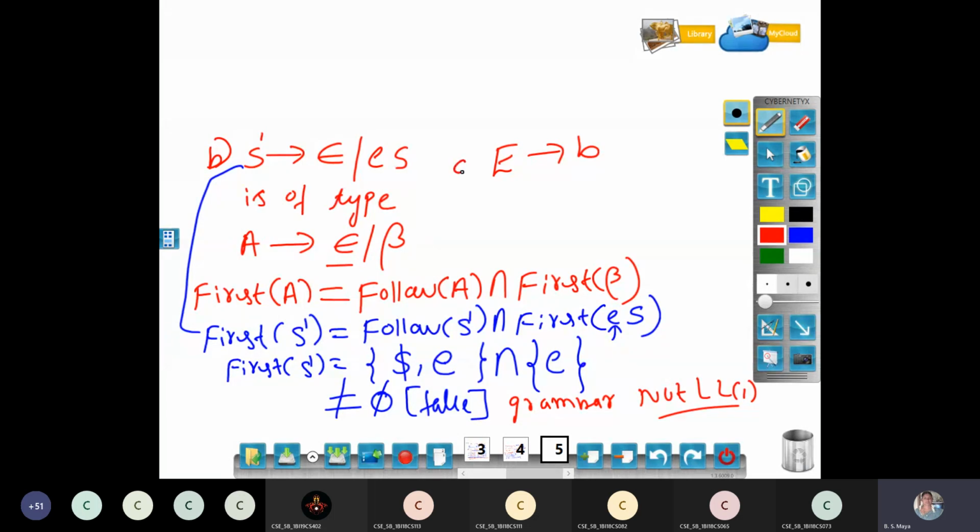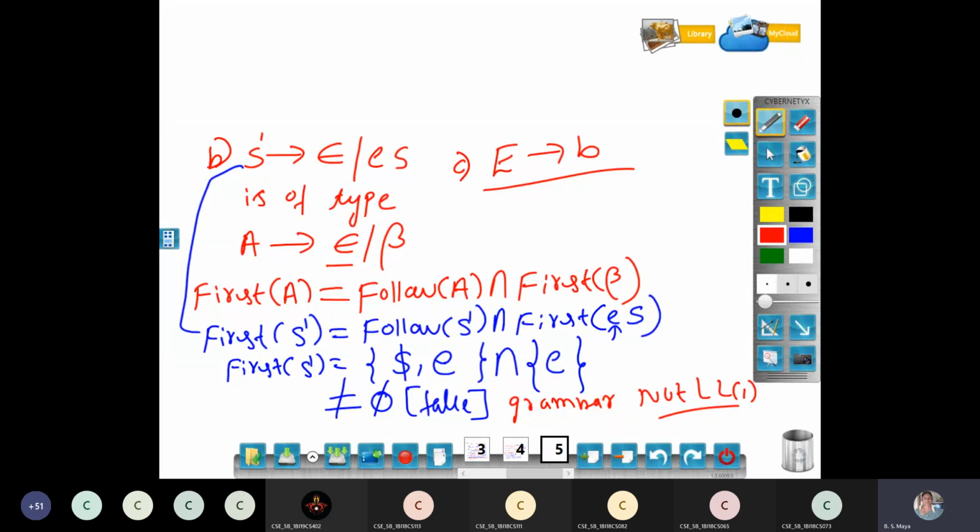You can go for the third. If one condition fails, then you can easily write the answer that the grammar is not LL1. You go for the third one. For the third one, is there any alternative? We have only one production, so we cannot apply any of the rules. If one condition has failed, there is no need to check any other, but again you have to see the marks and decide whether to try all the options.